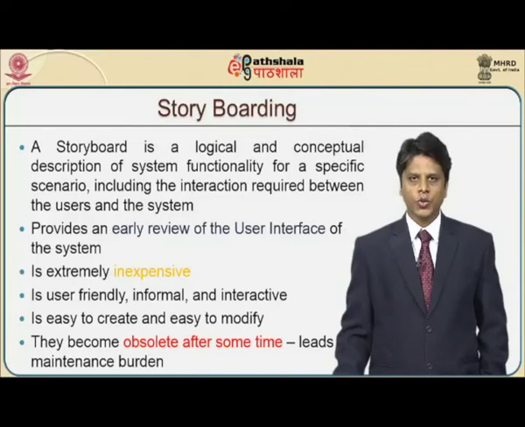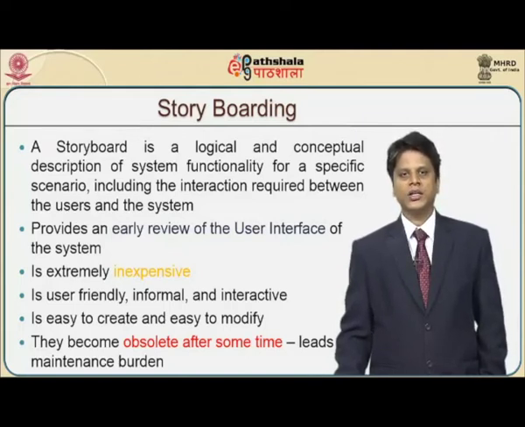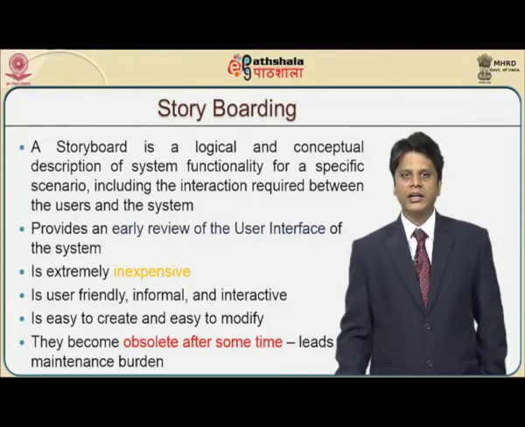We create a storyboard layout. Storyboarding is nothing but a logical and conceptual description of system functionality for a specific scenario. This includes the interaction between the users and the system and provides an early review of the user interface of the system.